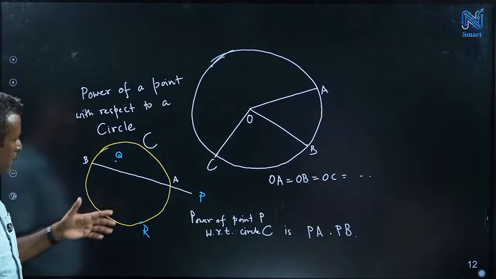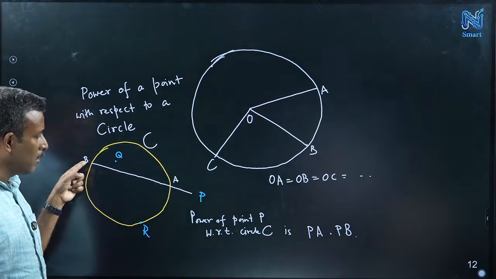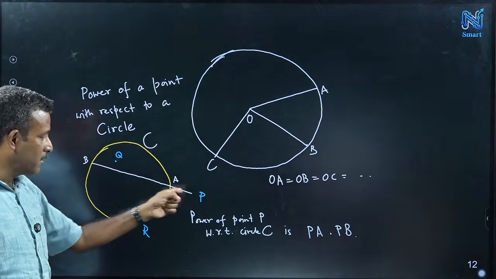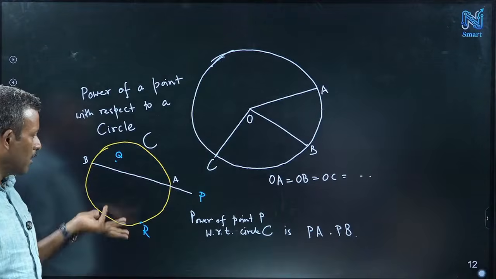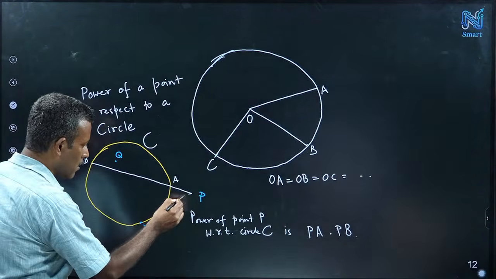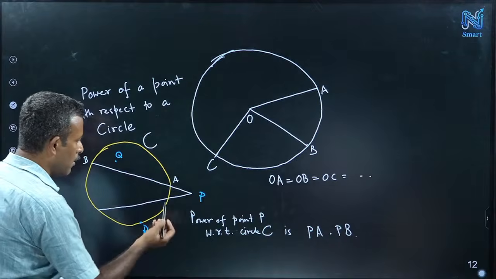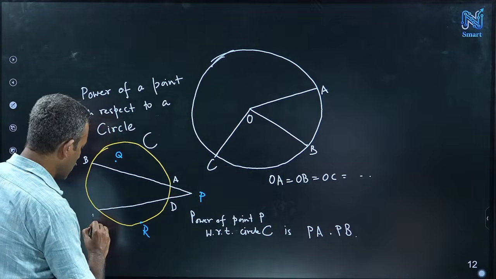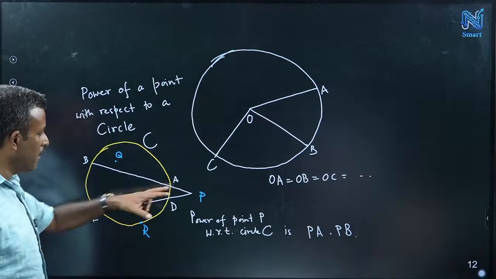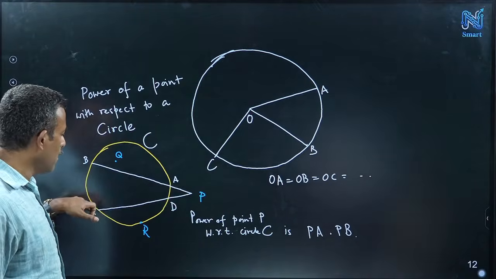Okay. Now the question: we drew one chord, actually an extended chord. One can draw another chord, right? Say D and E. Then by definition, the power of the point is PD into PE.